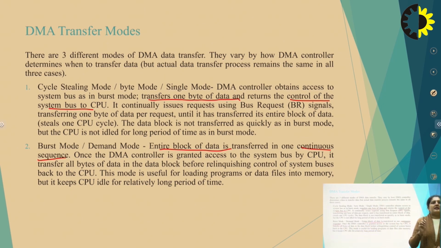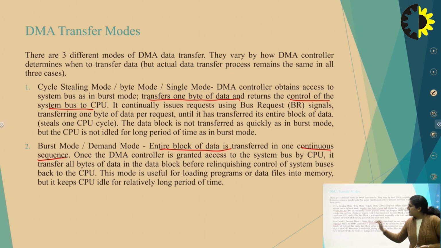Once the DMA is granted access to the system bus by the CPU, it transfers all the bytes of data in the data block before relinquishing control of the system bus back to the CPU. Means it transfers the whole block of data at once, whereas in cycle stealing it is 1 byte of data at a time.